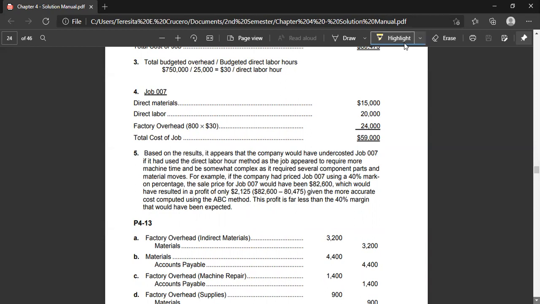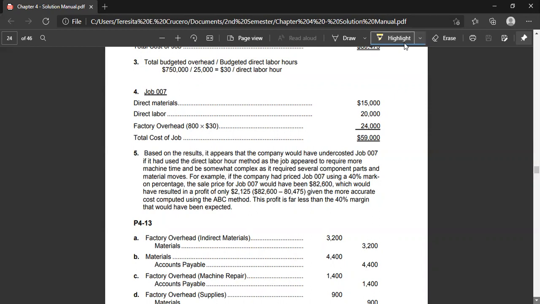If using the direct labor hour method, we use 750,000, the total factory overhead cost, and divide it by direct labor hours. So we now get 30 per direct labor hour.